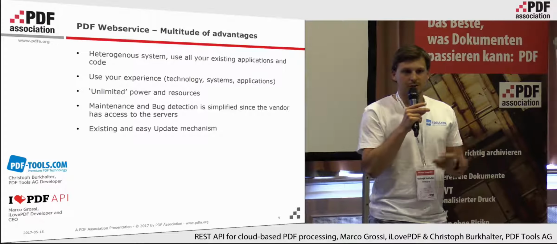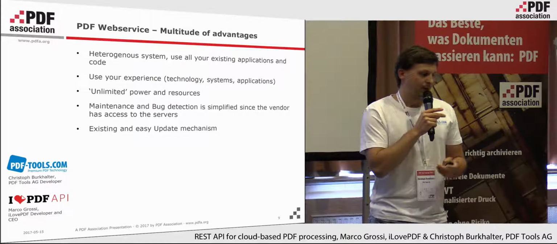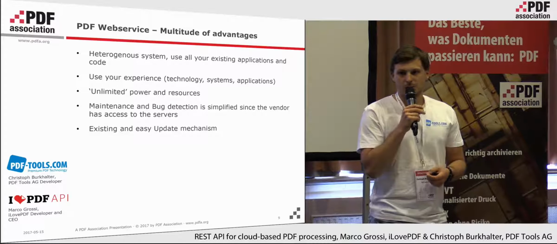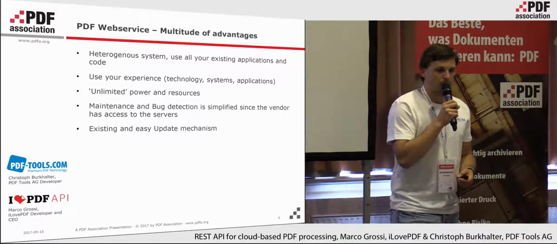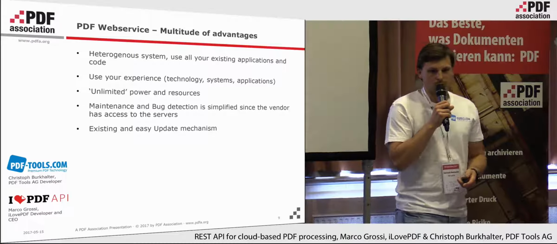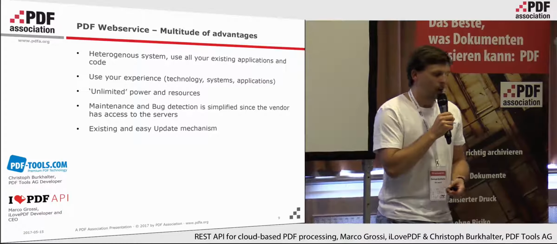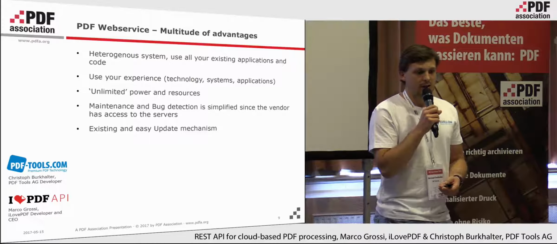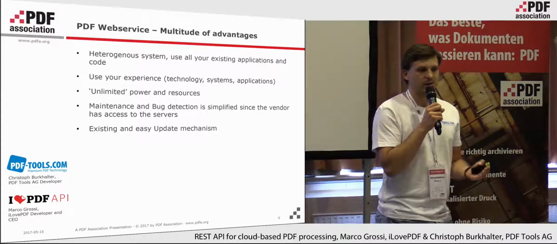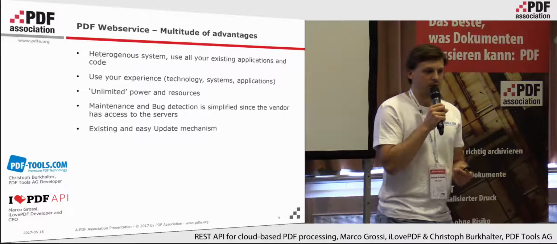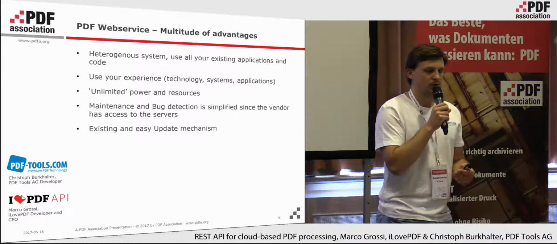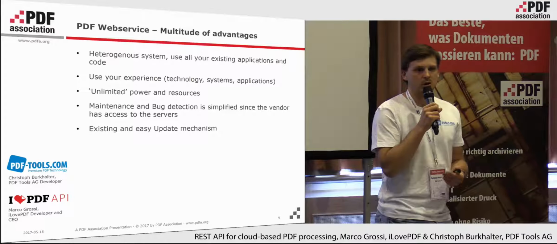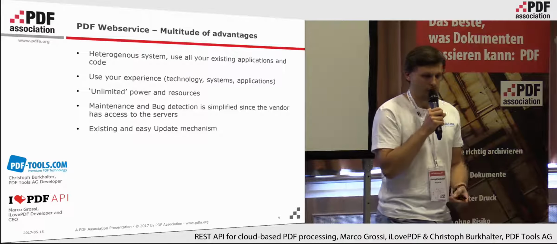You have much more flexibility in deployment and maintainability than if you just have one mobile application that runs all on one device. Also for maintenance and bug detection, if you can check your system and see what goes wrong, it's much easier than when you have to ask the user to provide some additional data about the problem. So it's much more difficult then to detect the problem and solve it.